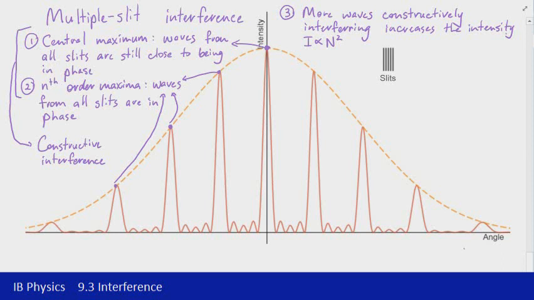The fourth point is the fact that we have this modulation of single slit diffraction occurring. And that's indicated by that dashed orange line.